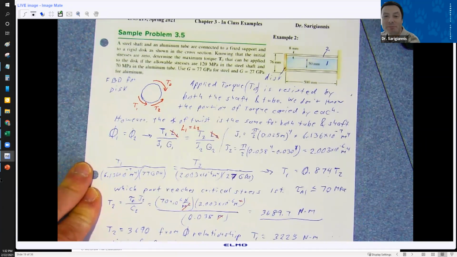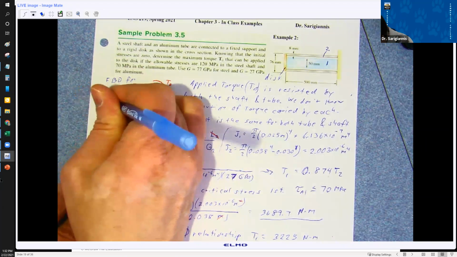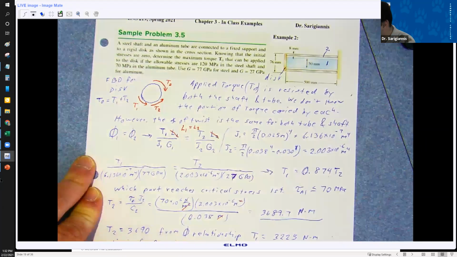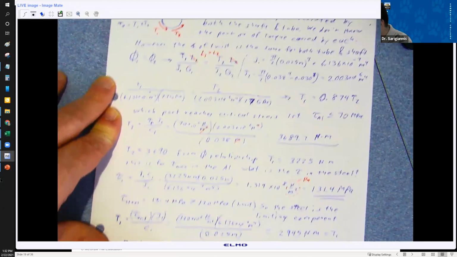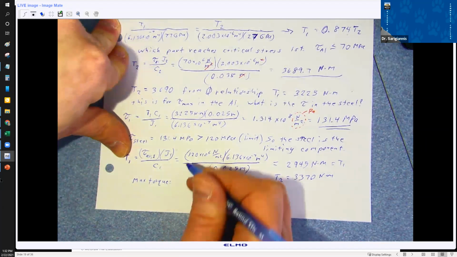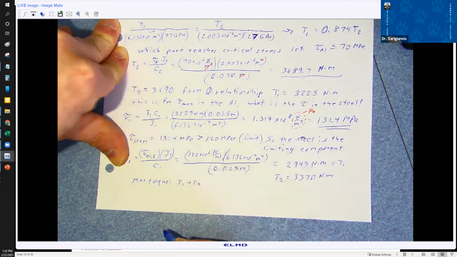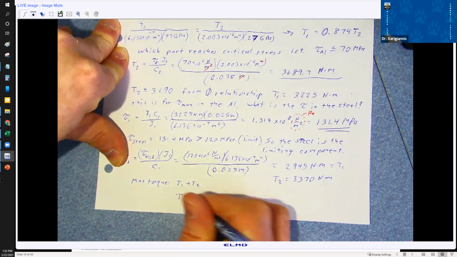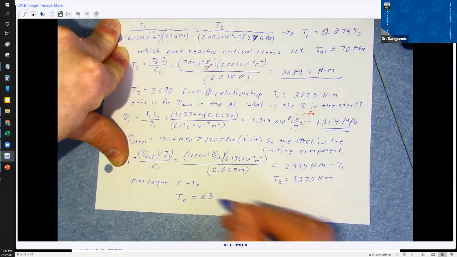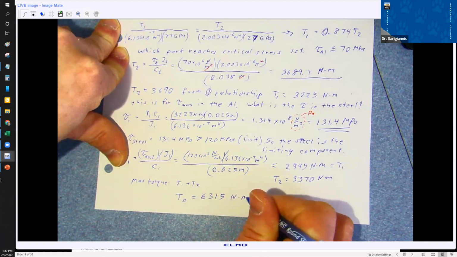Go back up here. T naught is equal to T1 plus T2, right, in terms of magnitude. They're equal and opposite directions. So the max torque is going to be T1 plus T2. So T naught is equal to 6315 Newton meters.